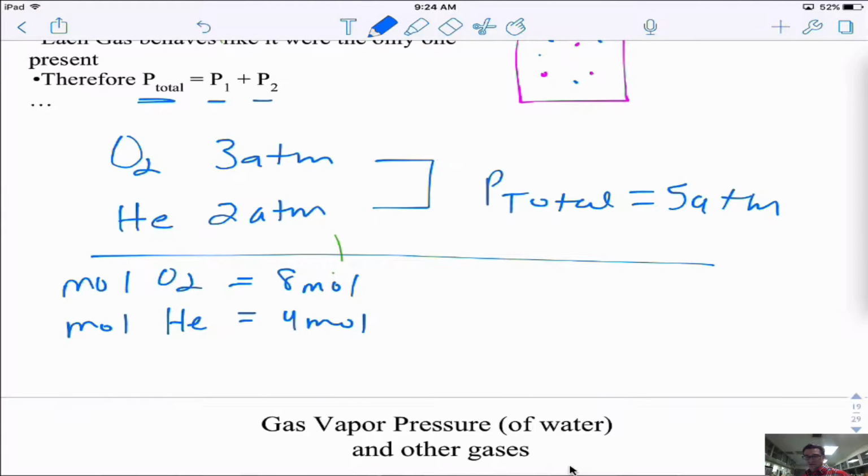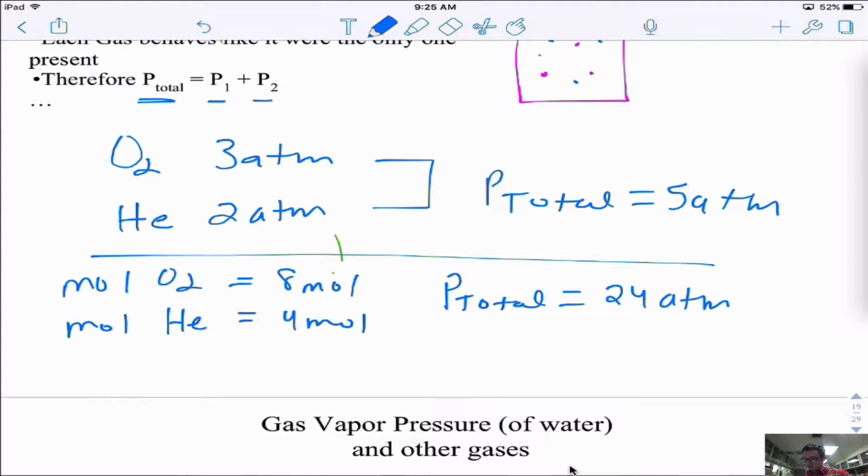And I ask you what's the partial pressure of each one, what's the total pressure? Well, I'd have to give you the total pressure in order to find the partial pressures. You can't do it without that knowledge. So, for example, I could tell you the P total here is equal to 24 atmospheres. And so then we could use a proportion.